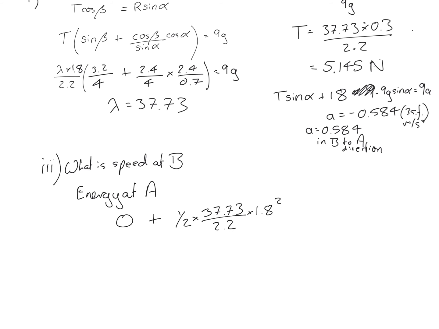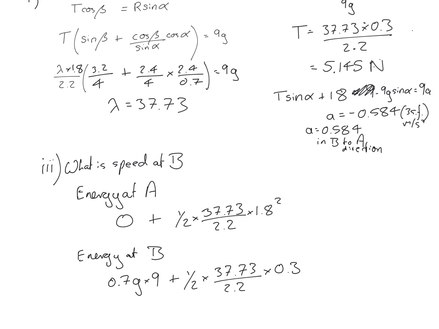Okay, energy at B is 0.7 g times m, which is 9. That's your mgh. Plus we've got a little bit of elastic potential energy there, 37.73 times 0.3 squared. Yeah, we've got the 0.3 we can see from up there.